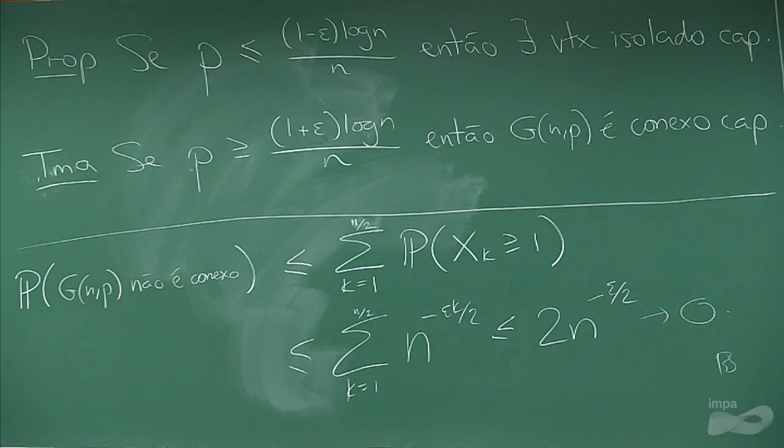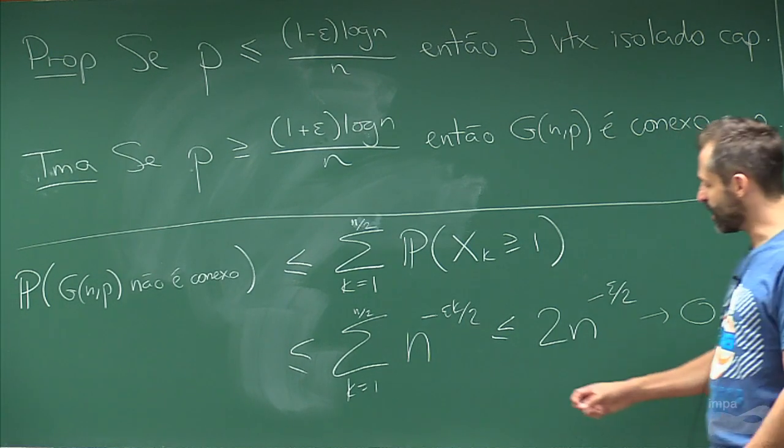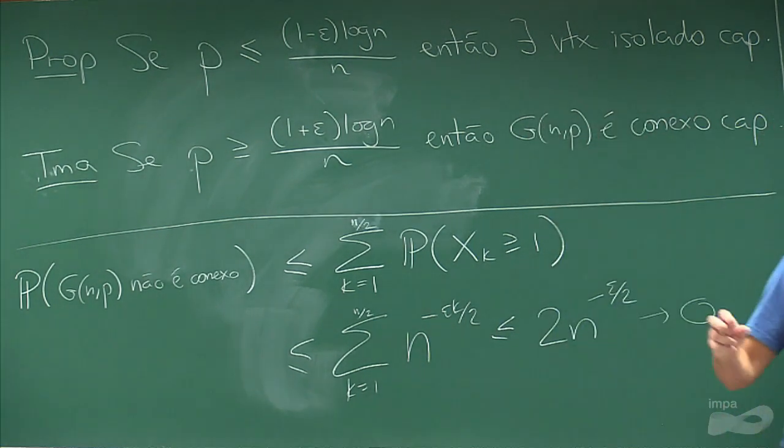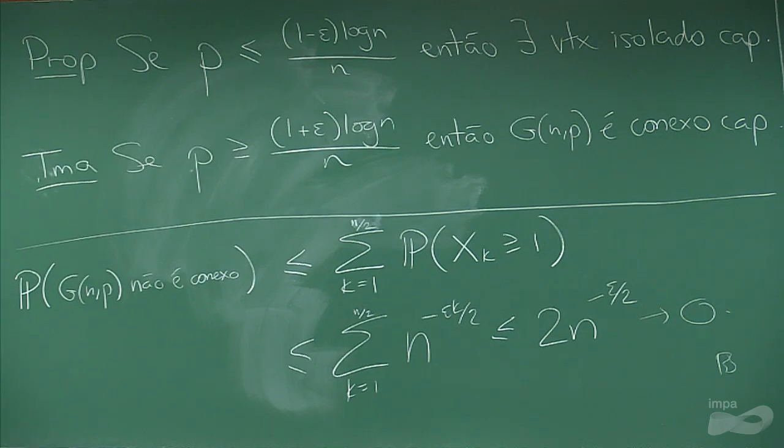Questions? So this probability, you'll note, this sum is dominated by the term k equals 1. It's much bigger than the other terms. K equals 1 corresponds to what? An isolated vertex.